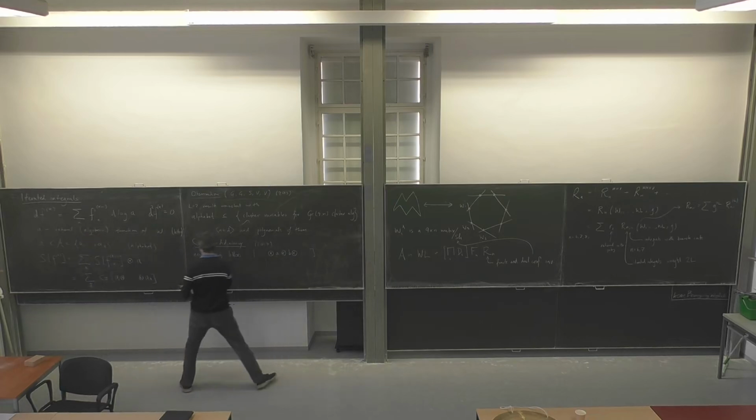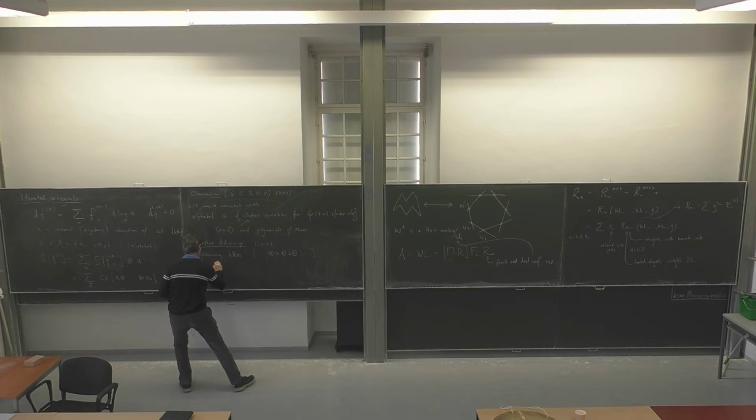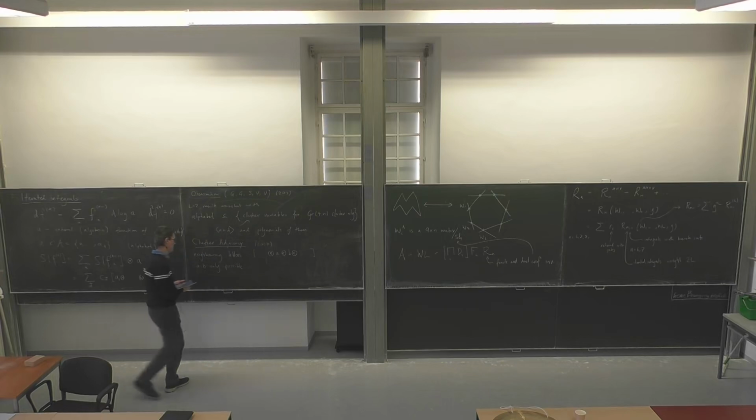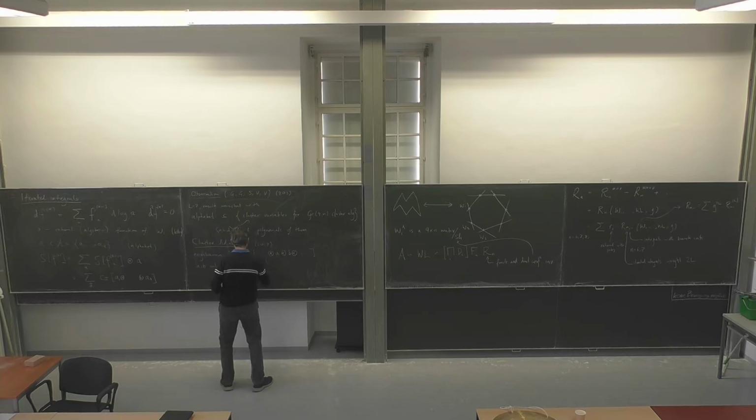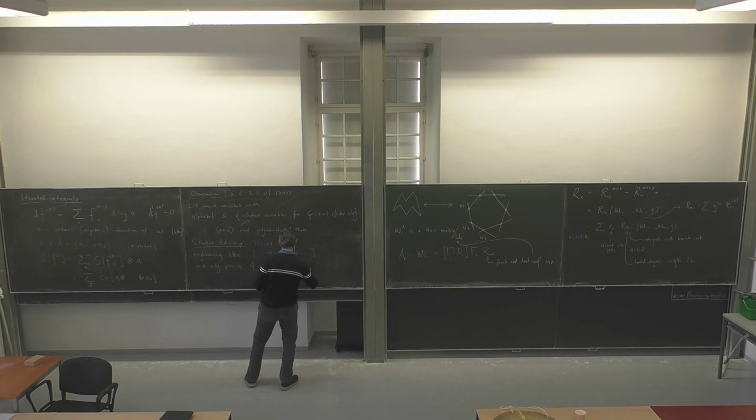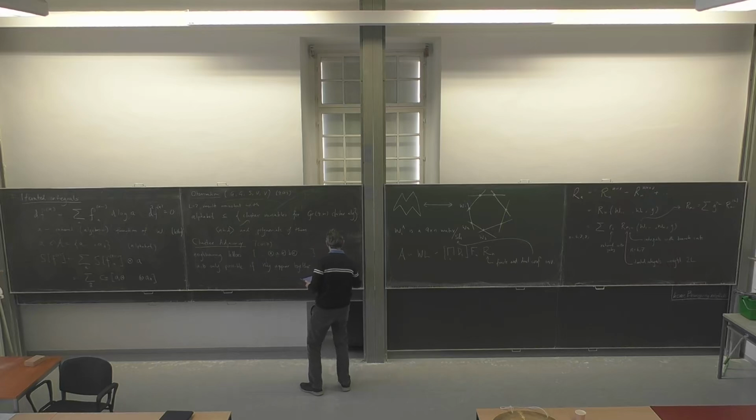So A and B are only possible, by which I mean they can come with a non-zero coefficient, if they appear together in some seed or some cluster of the cluster algebra.